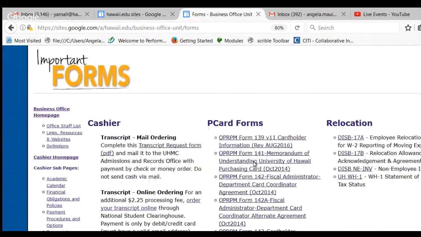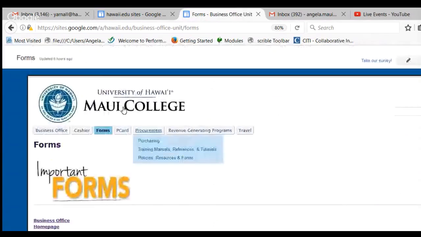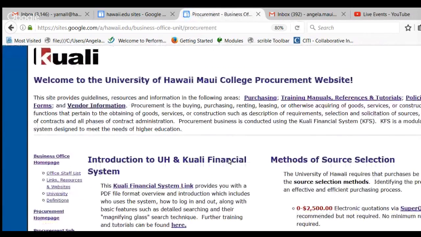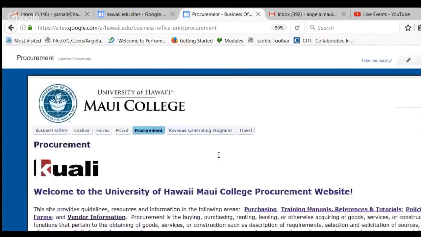No, that's okay. Transfers on that order. Yeah. So this one is similar to P-card? Not really. Procurement, or for requisitions.